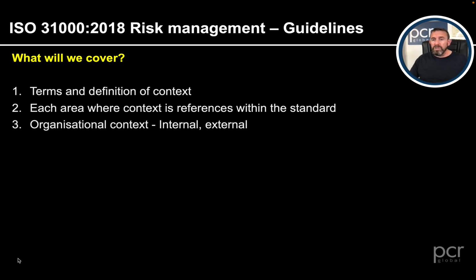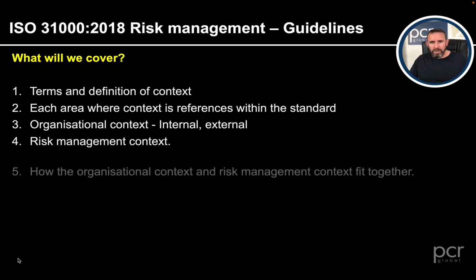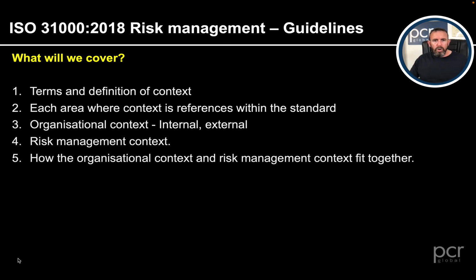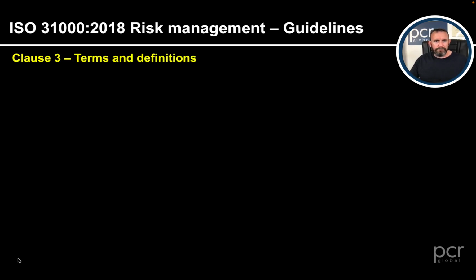We're going to look at the organisational context, that is the internal context and the external context. We're also going to look at the risk management context, which is different from the organisational context. We're going to look at how the organisational context and the risk management context actually fit together.